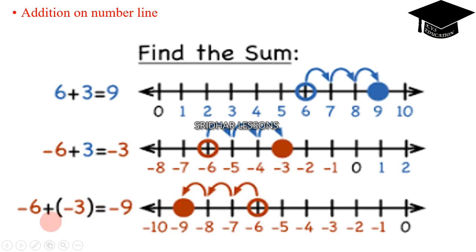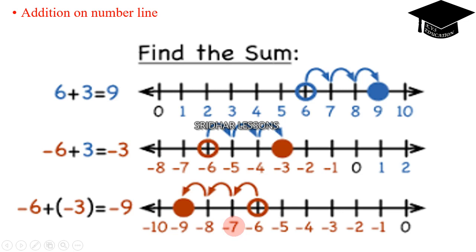Next example, minus 6 plus of minus 3. Again we know how to identify minus 6 on the number line: 6 positions on the left side from 0. Here plus into minus is minus, so we have to move left 3 positions from minus 6.